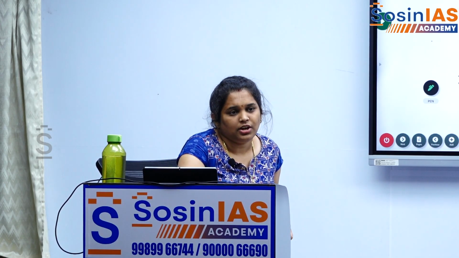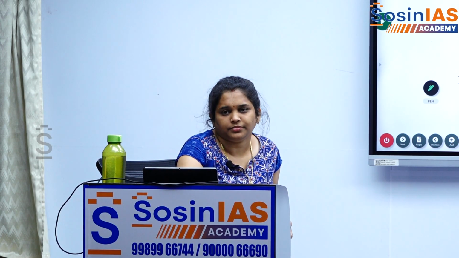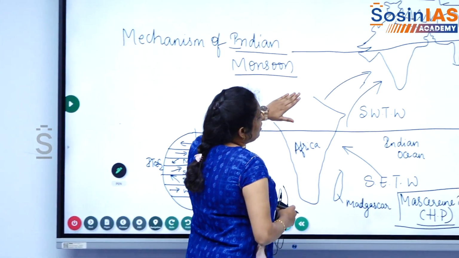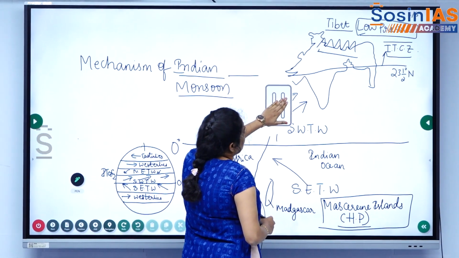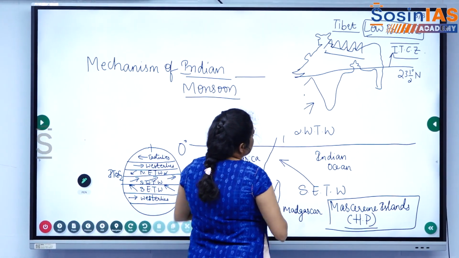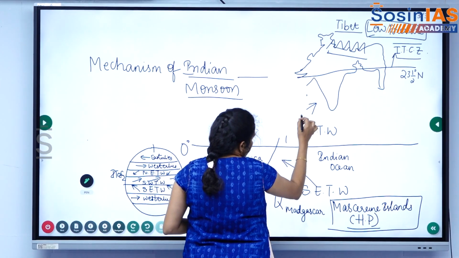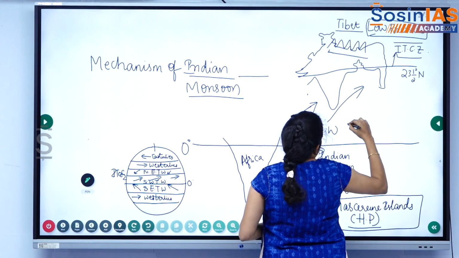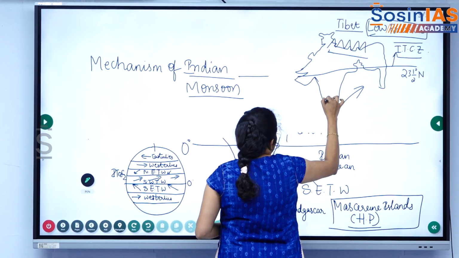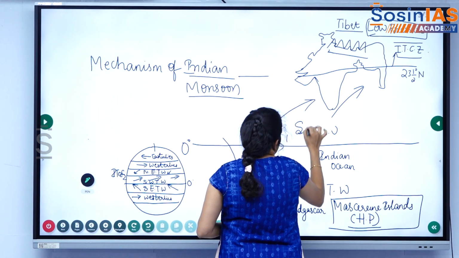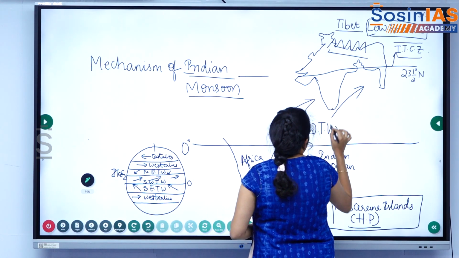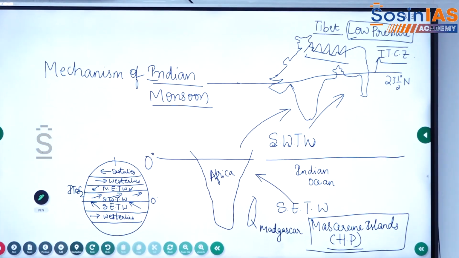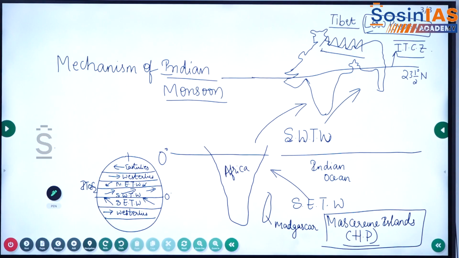During this situation, the southeast trade winds will cross the equator, enter the northern hemisphere and become southwest trade winds.